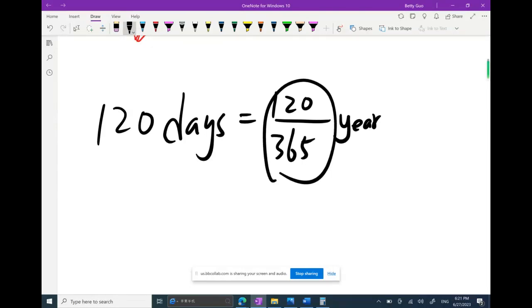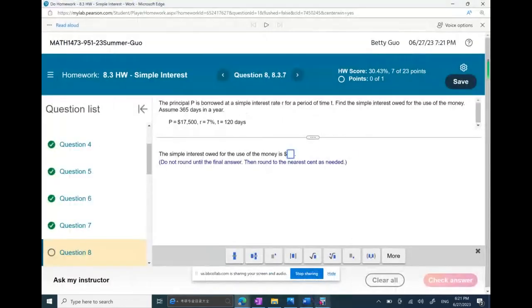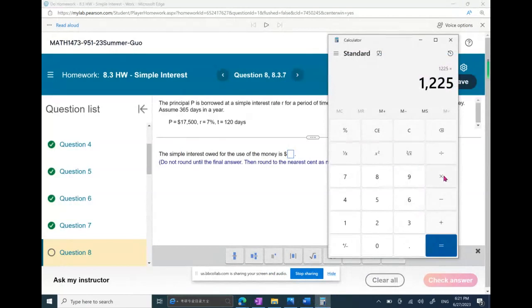This is how, okay? Yeah, we divide 120 by 365. I want to make sure everybody sees that. 120 days is the same as 120 over 365 year. All right. So I'm going to multiply by 120 and then divide by 365.